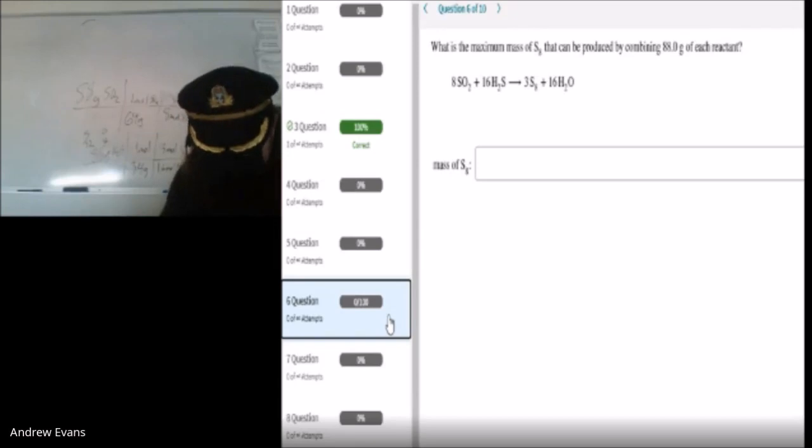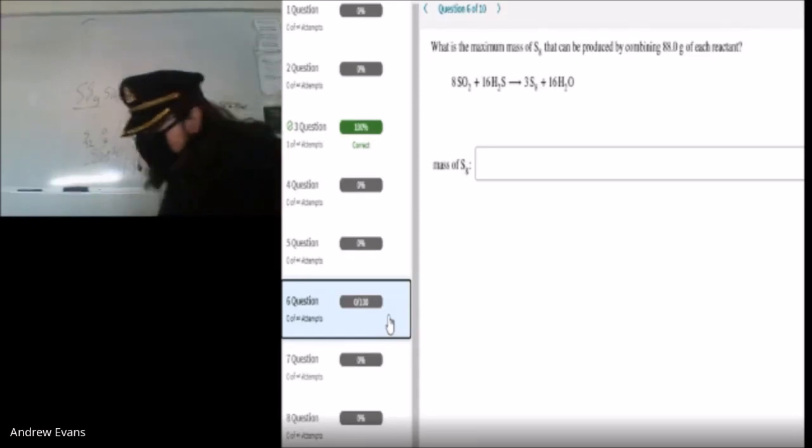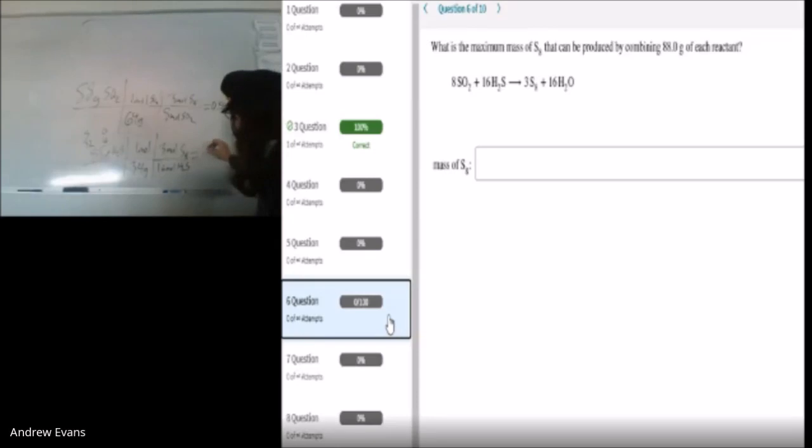So 88 divided by 34 divided by 16. And so it could produce 0.4852941176. Basically, H2S produces less because H2S would run out first.